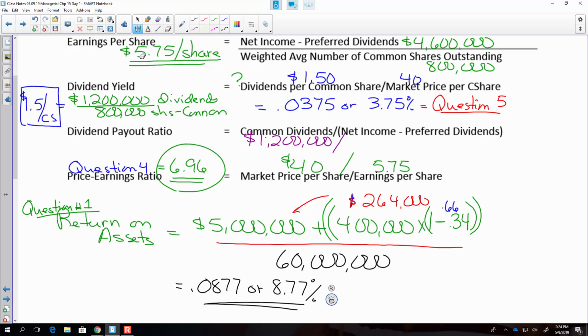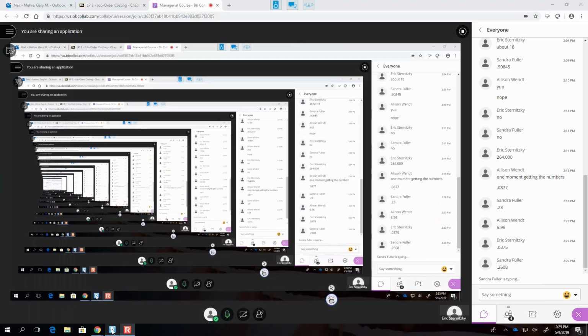Our preferred dividends were how much? 400,000, right? It just happens to be the same as our interest expense. So 5 million minus 400,000. I'm going to put that in parentheses. 5 million of net income minus our 400,000 of preferred dividends. And Sandy, what's our payout ratio? You got the last one. 0.2608.